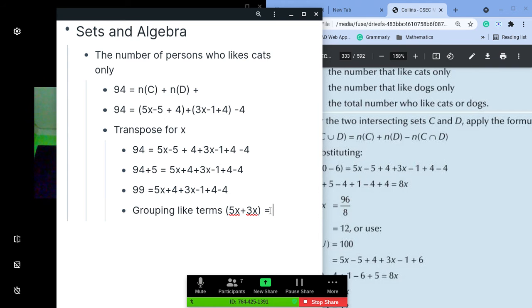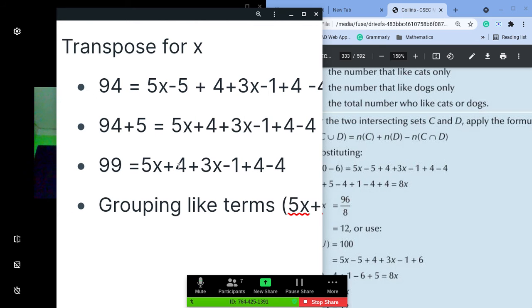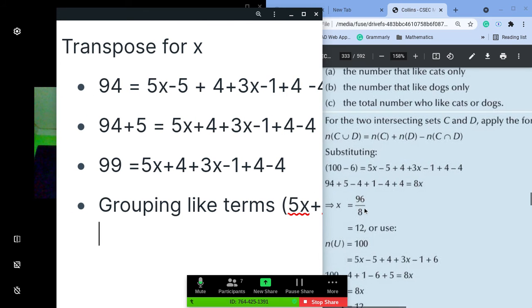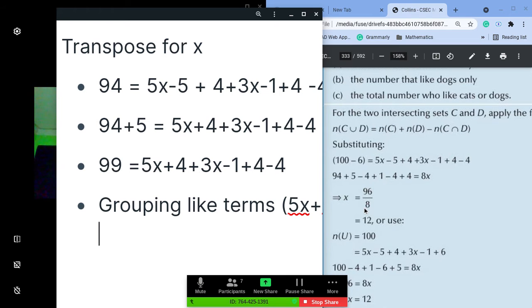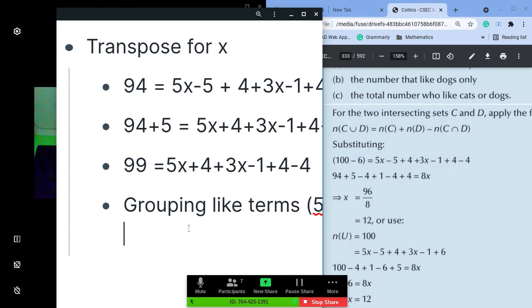Anybody? 8x. I have some other like terms. So now I have 4 minus 1 plus 4 minus 4. Let's try to simplify that. So 4 minus 1 gives me 3, plus 4 minus 4. So what is 3 plus 4?